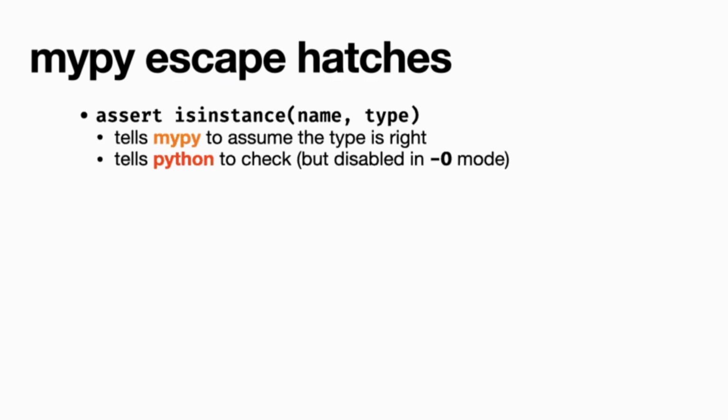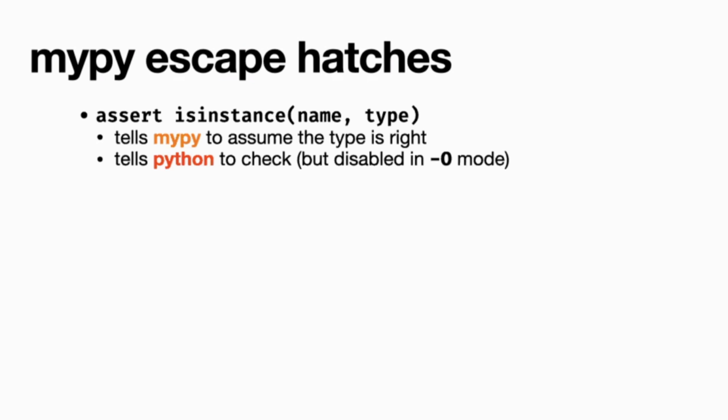I just happen to know it can't be None here. So the easiest way to do this is with assertions. If you assert that a particular variable is a particular type, MyPy notices. You've told MyPy, well, the user's telling me that the type is this. I'm going to trust the user, and I'm going to assume that is the correct type.